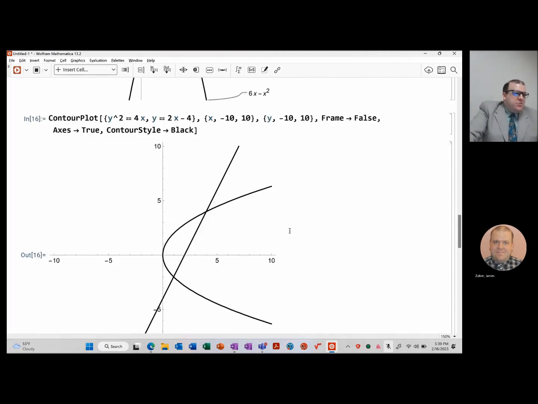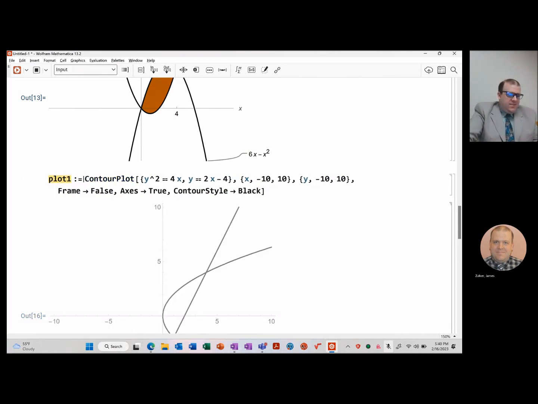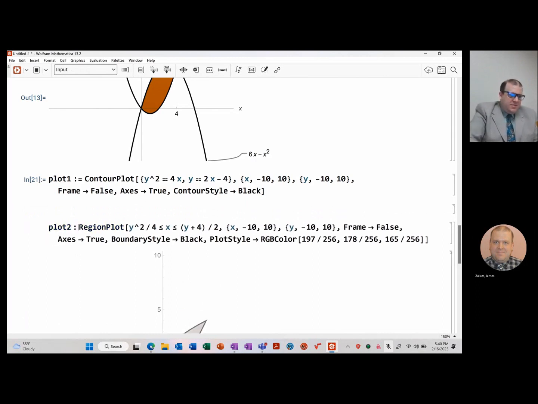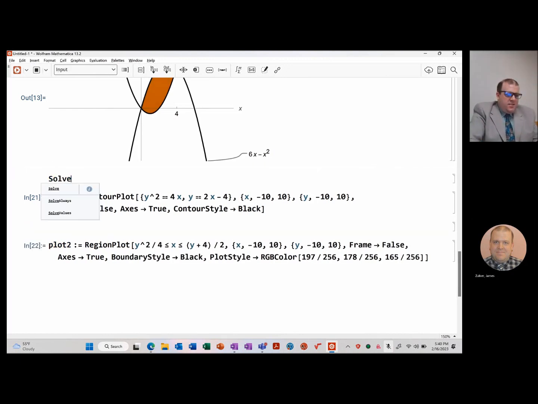Okay. Now what I'm going to do is call this plot 1. This plot 2. And since we've decided now that we're going to do it as functions of y, y squared over 4 is equal to, use the right operation this time, y plus 4 over 2.